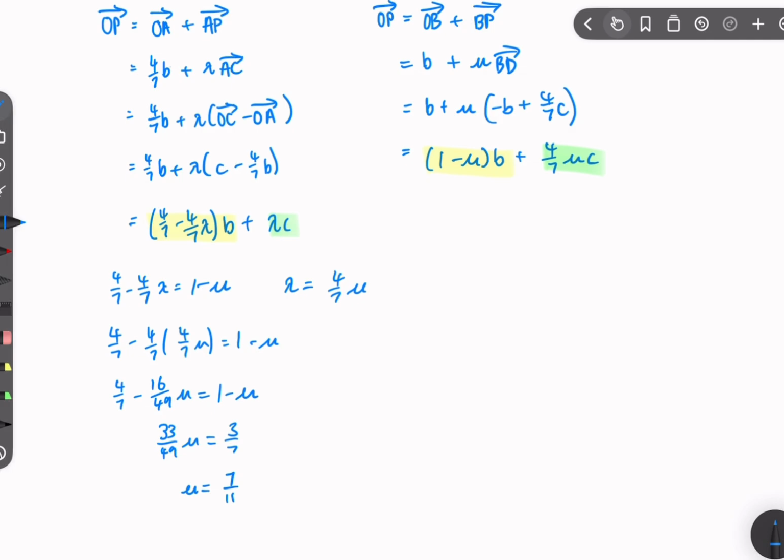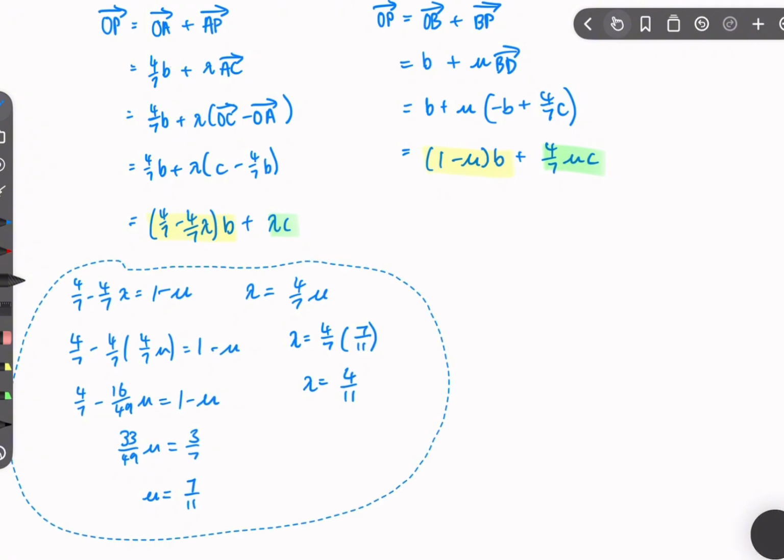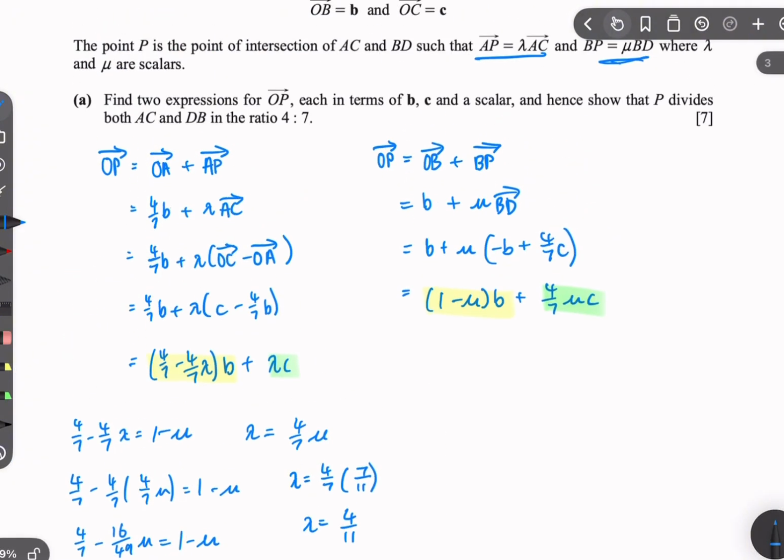Okay, so this is equal to 7 over 11. And then I'll sub this back to find the lambda value, which should be 4 over 11.